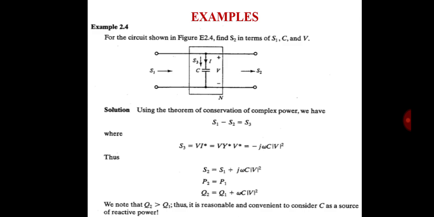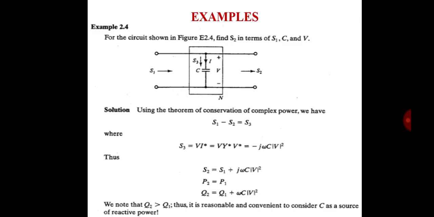Now S2 is equal to S1 plus j omega C V square. So S2 is equal to S1 plus S3, that is S1 plus j omega C into V square.